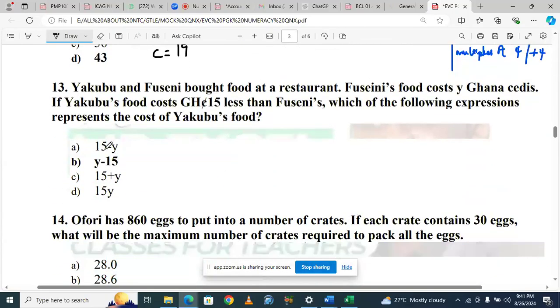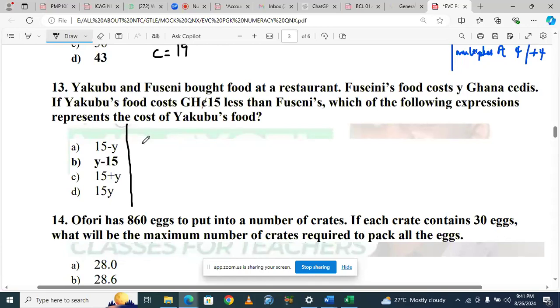Now, number 13, also a typical question. Let's take our time and understand it. Who is reading for us? Number 13. Roderick. Yakubu and Fusaini bought food at a restaurant.